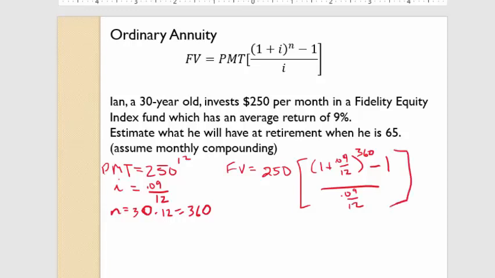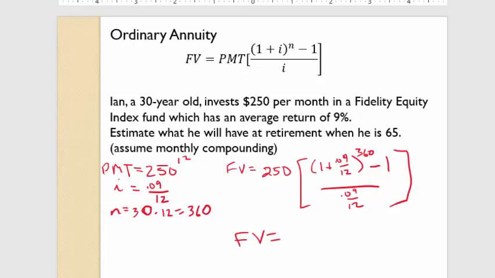So again, the strategy is to find this top number by putting 0.09 in your calculator, dividing it by 12, adding 1, and raising it to the 360, and then subtracting 1. Find that number, divide it by the bottom number, and multiply it times 250. So try this on your calculator, and then you can compare it to the number that I have.